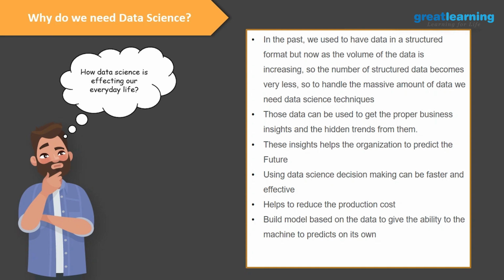Did you ever think that you are giving data to these companies and they are capturing it, but this data is a huge amount and doesn't have a proper structured format? This is how this massive amount of data gives you proper business insights. But before getting those insights, you need to pre-process them.